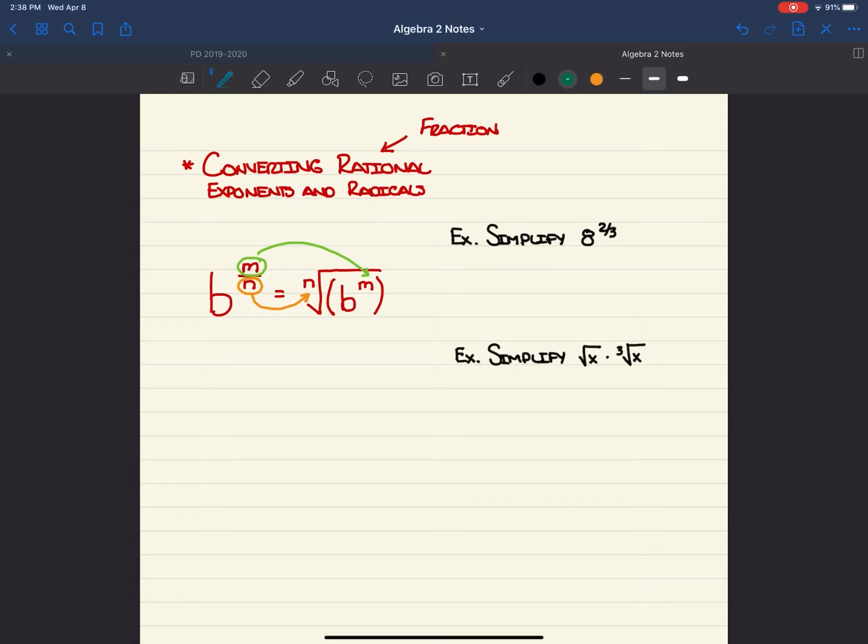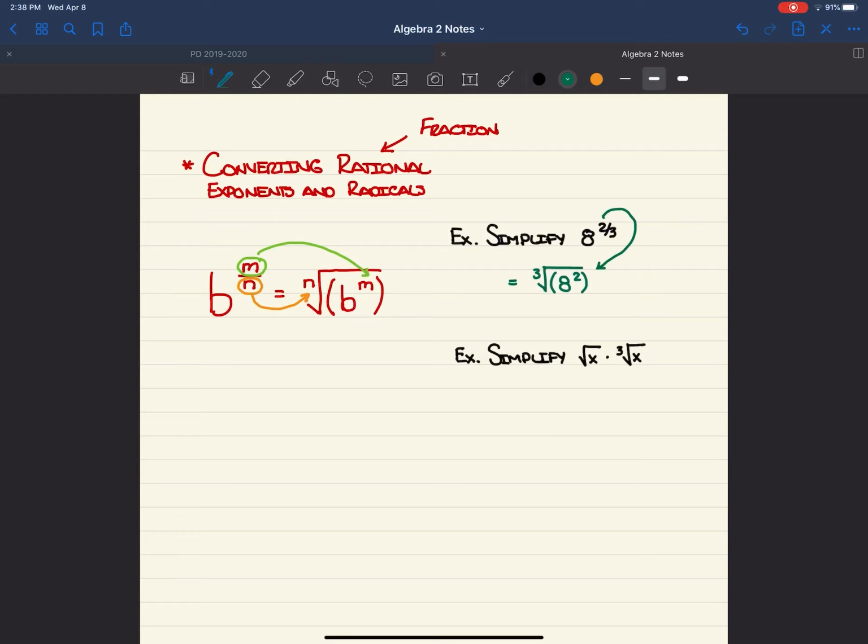So if I start with this first example, it says simplify 8 to the 2/3 power. I'd say, okay, what this is telling me is my denominator is 3, so this would be the cube root of, and now underneath this, we're going to have 8 raised to the 2nd power, because that was the numerator of my fractional exponent.